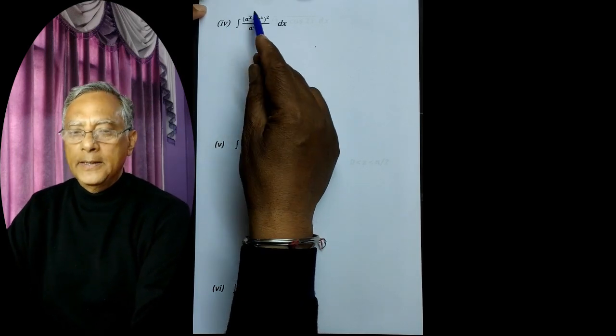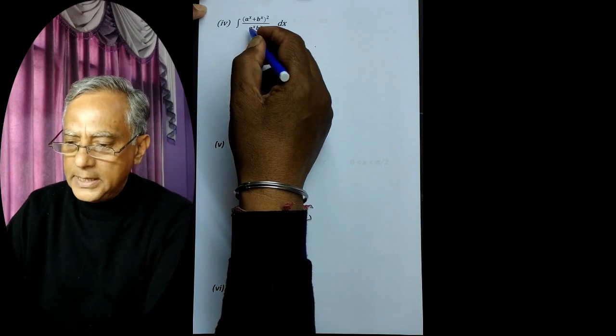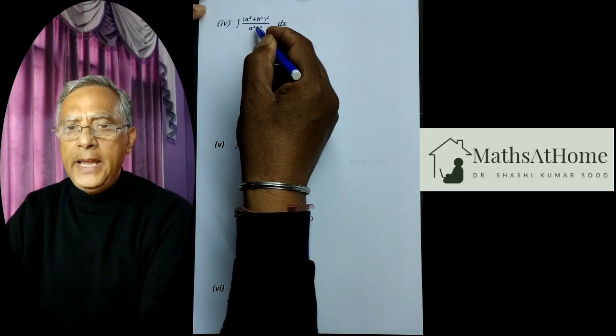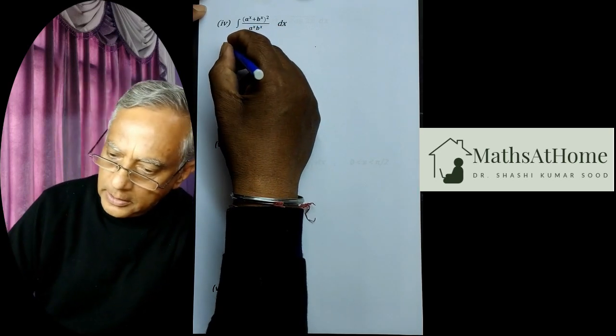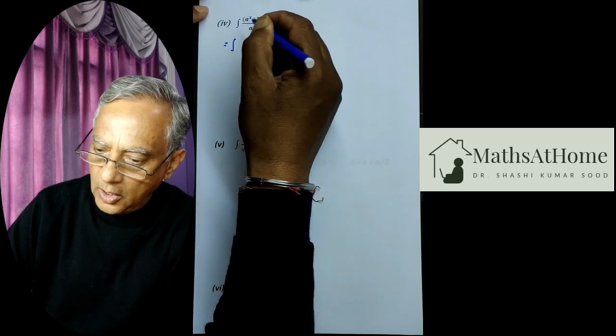And next is this. So what we do is we have to express this in terms of the formulae we already know. So this is equal to integral of, now expand this.